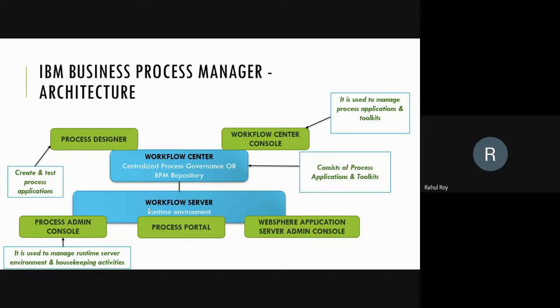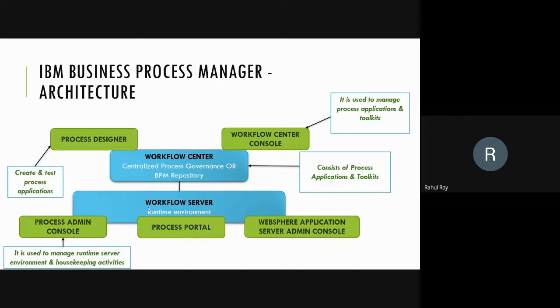Without this runtime environment, my application cannot run. I cannot trigger any process. I cannot even test my applications. Forget testing, I cannot even do my development if my Workflow Server is down. It is a very important component of IBM BPM, and this Workflow Server can be managed through various components. One of them is the Process Admin Console.